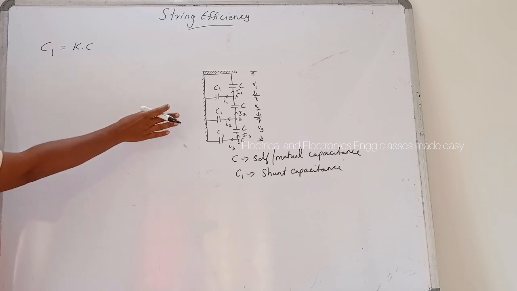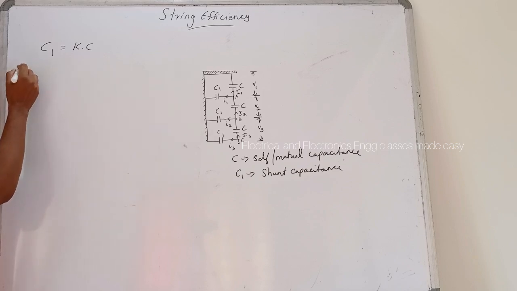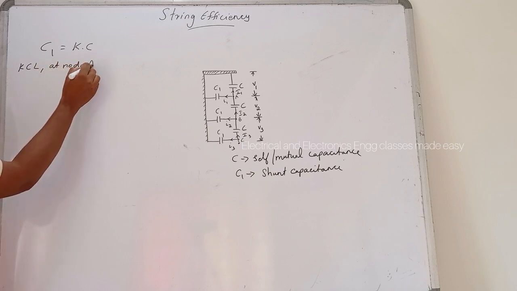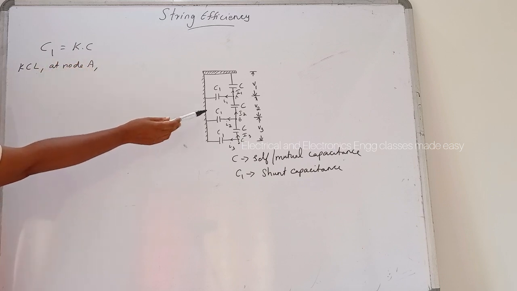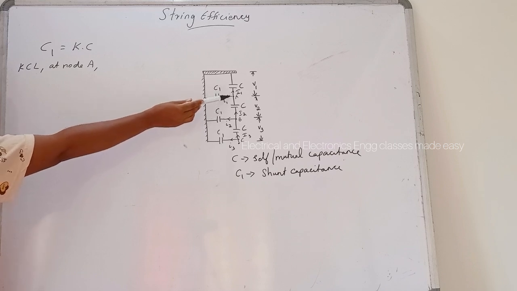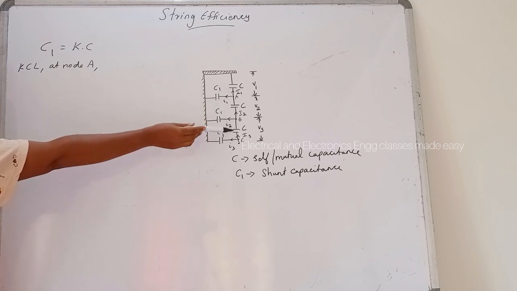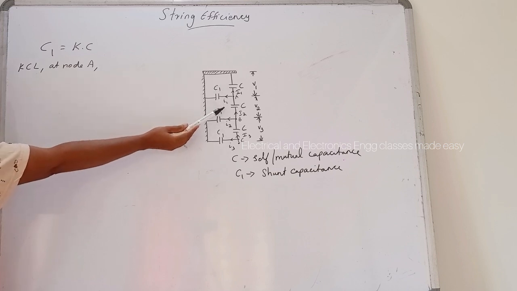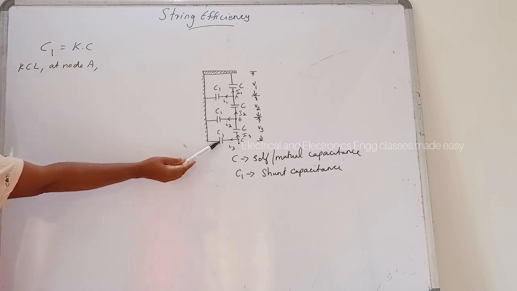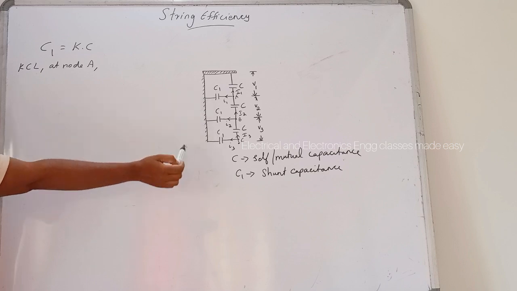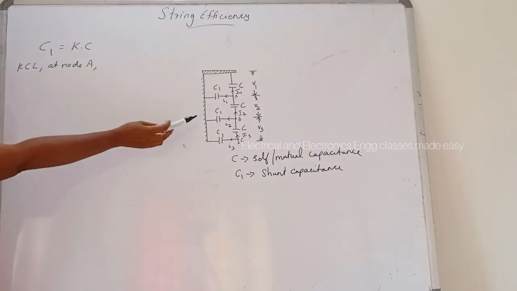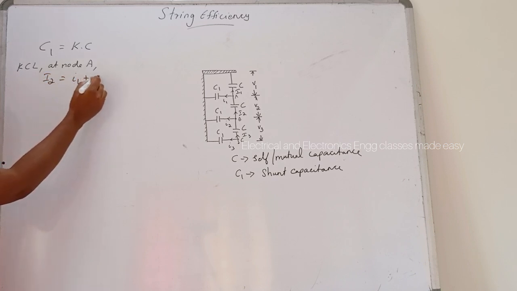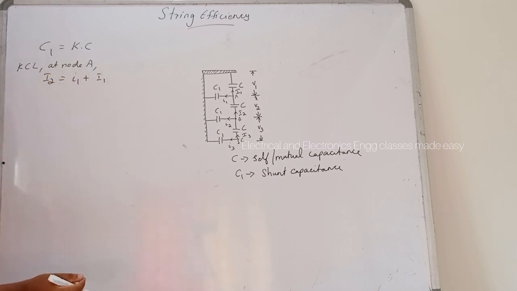Applying Kirchhoff's current law to node A, that is KCL at node A, here I1, I2 and I3 are the currents through the self capacitance, and small i1, i2, i3 are the currents through the shunt capacitance. So we will get I2 is equal to I1 plus small i1.